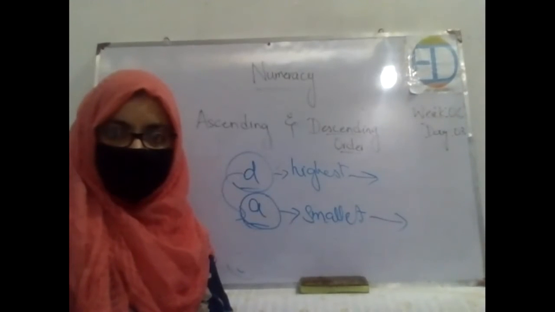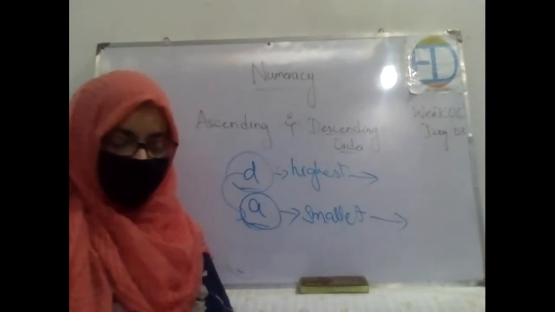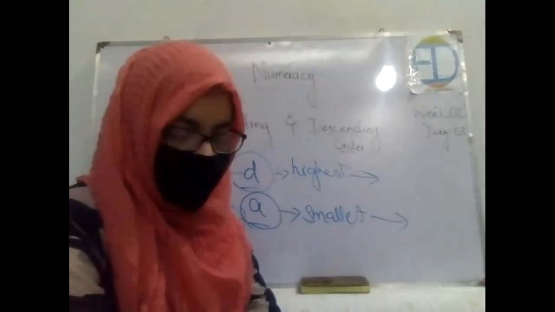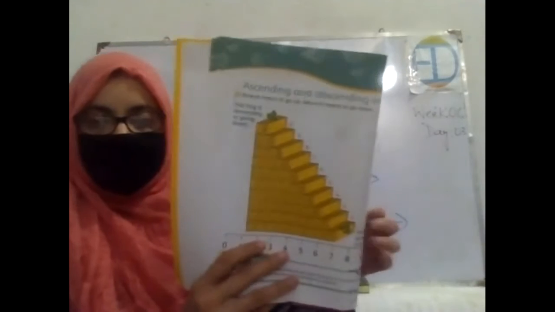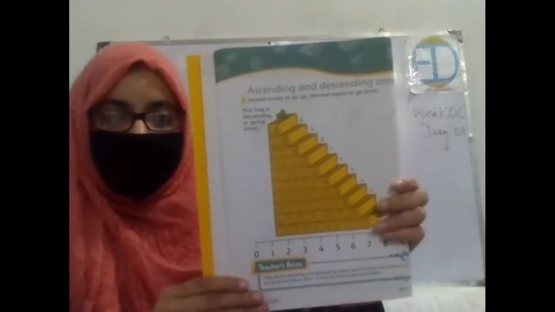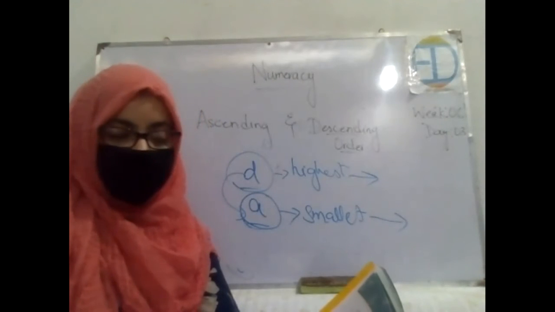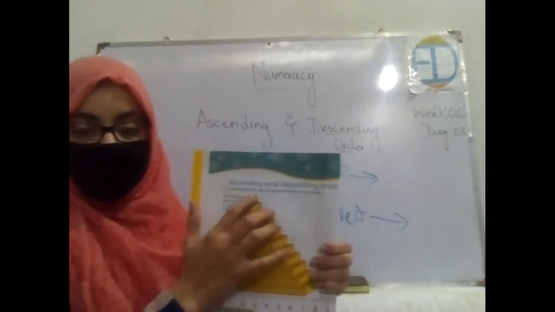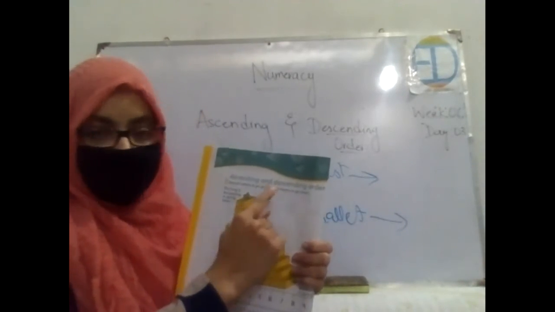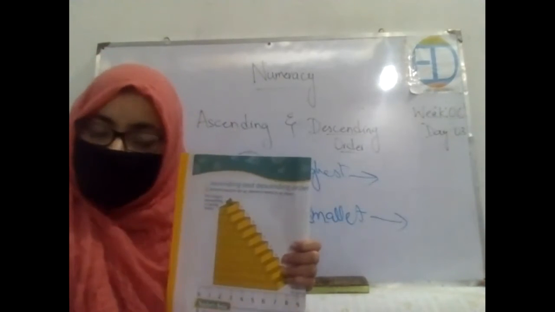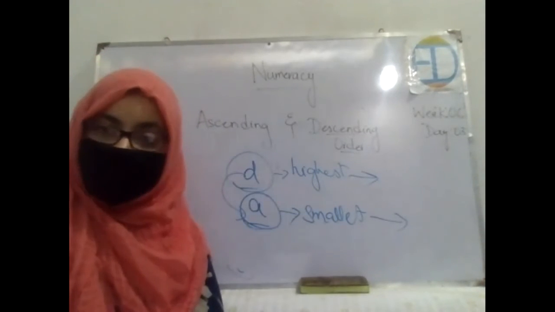Okay, so you have seen a video as well, which has helped you to understand this concept in a better way. Now, open your books. This is on page number 26. It says that ascend means to go up and descend means to go down.